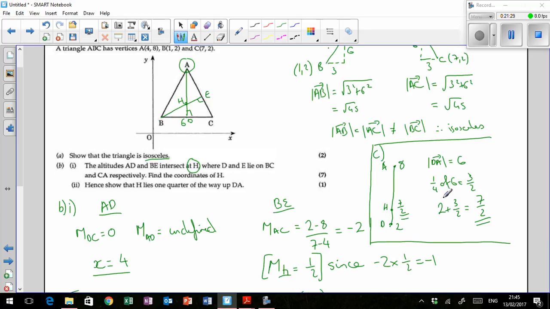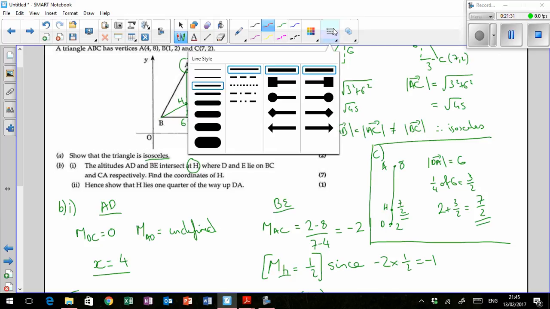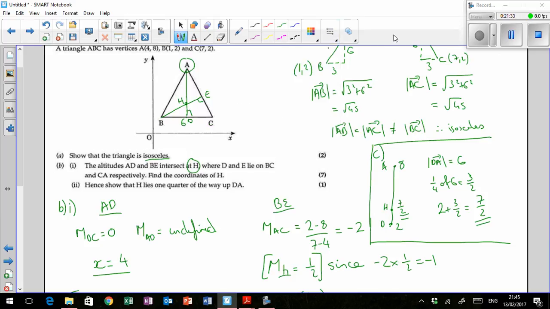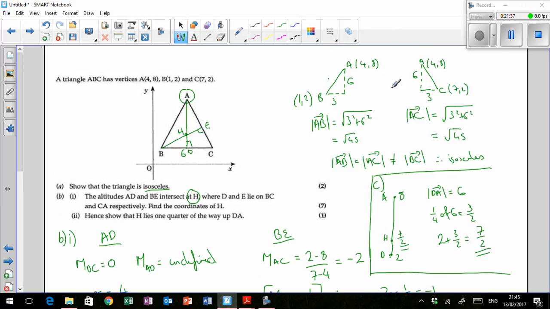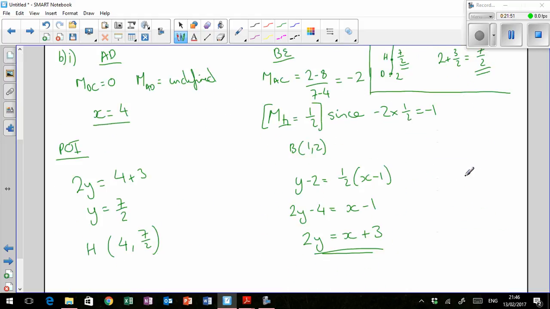So to look at marks now. Going back to A. 1 mark for root 45, and 1 mark for then showing it's isosceles. So 1 mark for your statement.